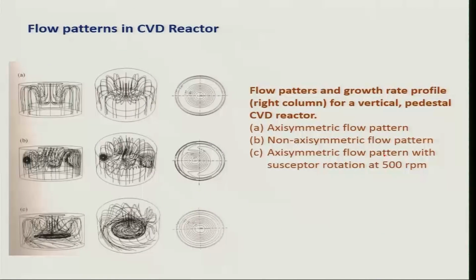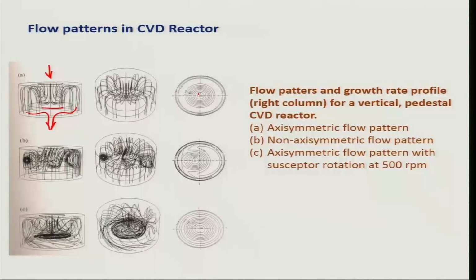Okay. Let us have a look at different flow patterns in a CVD reactor, which are also influenced by where you put the inlet and outlet of the gas. Okay. In this case, the gases come from the top, the substrate is here which is heated, and then they go uniformly out from this reactor. Okay. So, this flow results in the thin film uniformity which is shown here.